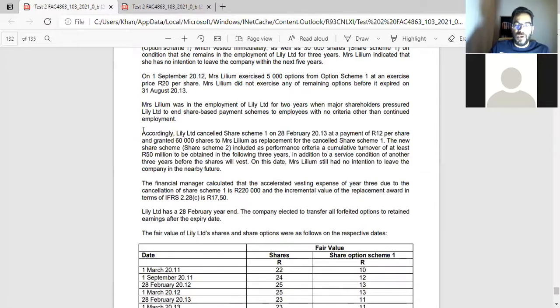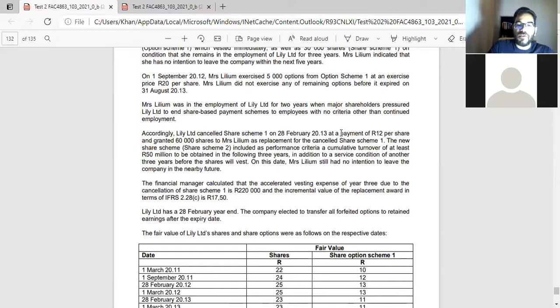So we recognize the second third relating to year 2, but we will also recognize year 3 at 28 February 2013. We call that accelerating the expense. Why are we accelerating it? Because there is a cancellation. Whenever there's a cancellation, you accelerate the remainder of the share scheme that still would have been recognized had there been no cancellation. Okay, so just take note of that.